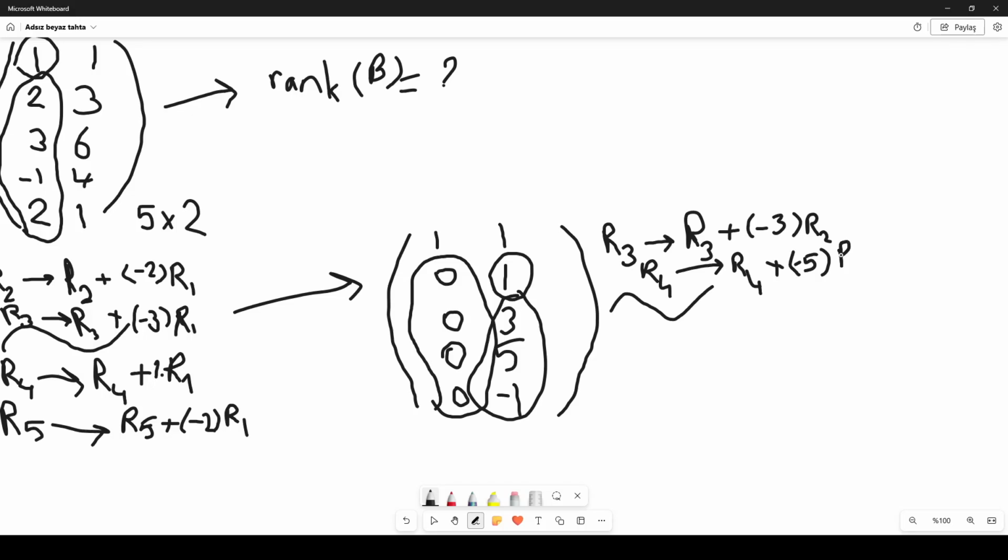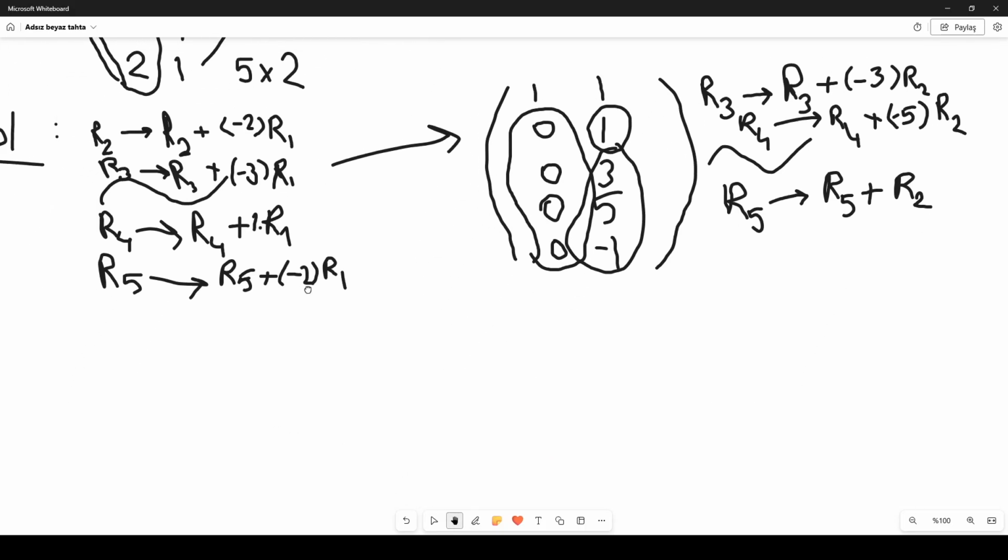Because this yields that value 0. Well, sorry, this is row 2. And for row 5, this is simple. I just add row 2 and row 5. So row 5 plus row 2 will give me the desired result.